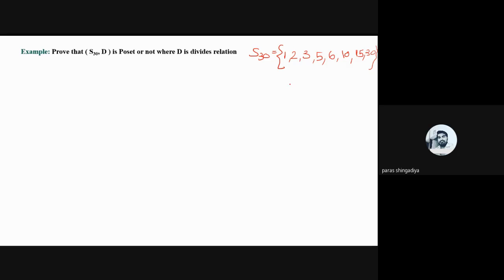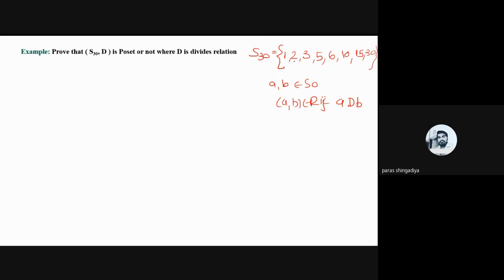Now the relation is given as divisibility: for (A, B) belongs to R if A divides B. Which pairs can you include in the relation? You can include 1 divides 3, 1 divides 2, 1 divides 6, 1 divides 15, and so on.